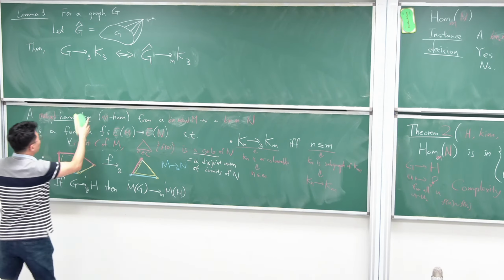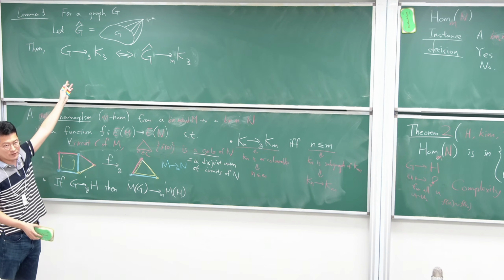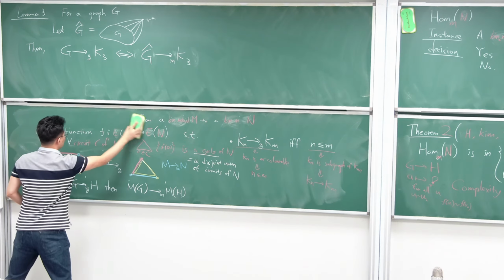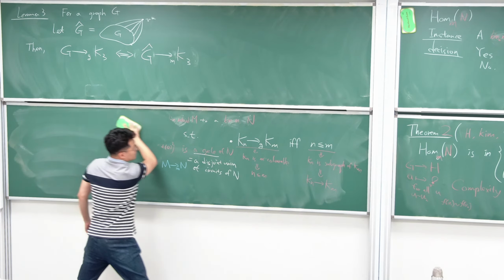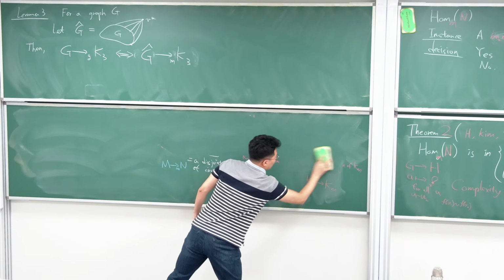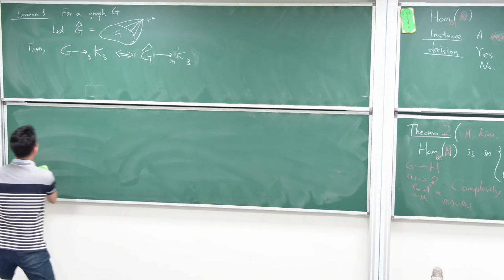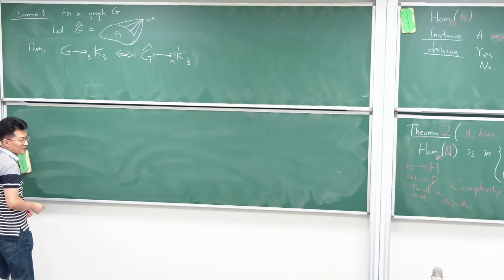So this idea is pretty nice because we know the relation between graph homomorphism and matroid homomorphism. I will prove it by an example.